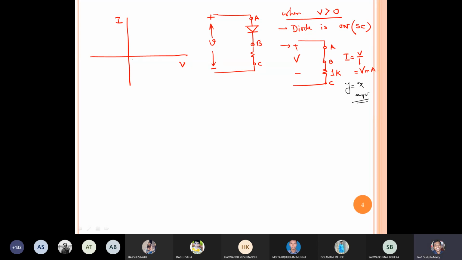It will be a simple straight line. Is it clear? R equal to 1.